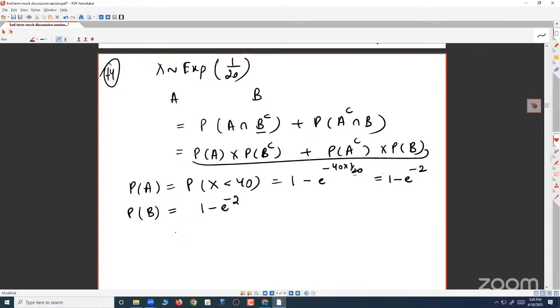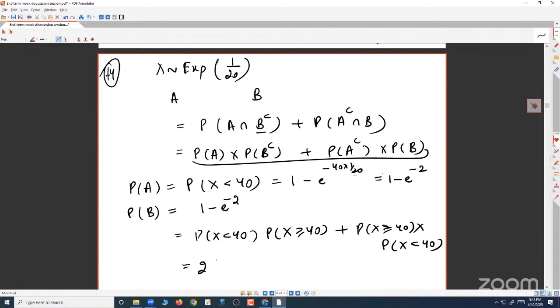So this would be basically what? This is basically probability that X is less than 40 into probability that X is greater than 40 plus probability that X is greater than 40 into probability that X is less than 40. So I can write this as 2 into probability that X is less than 40 into probability that X is greater than 40.